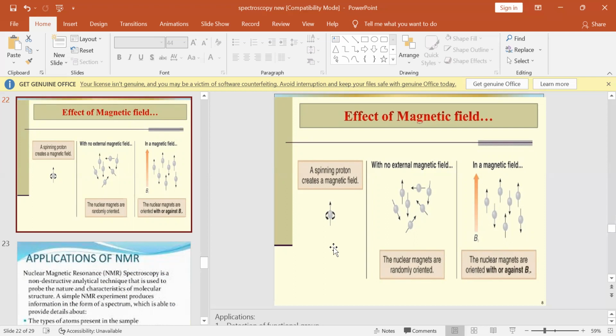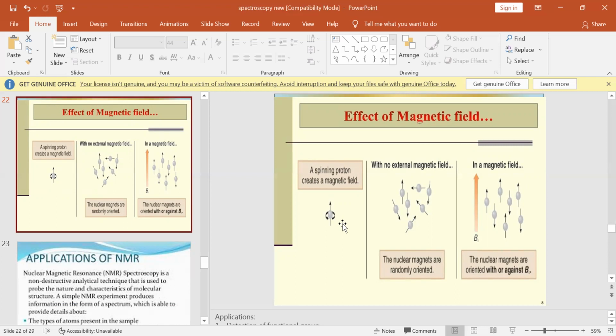Suppose both the atomic number and the mass number are even, then the I value will be 0, like carbon-12 (6C12) and oxygen-16 (8O16). If the I value is 0, it is NMR inactive.